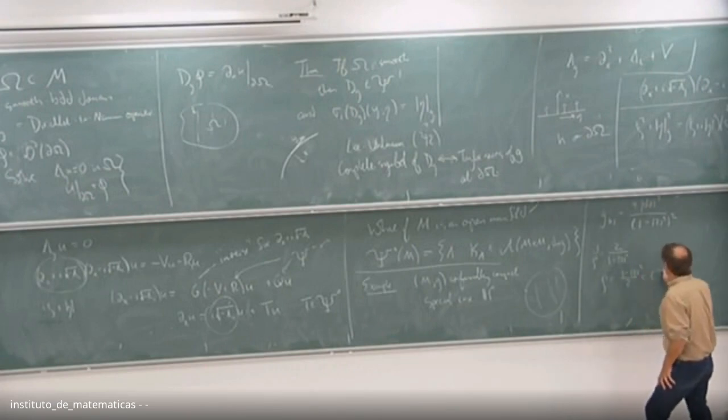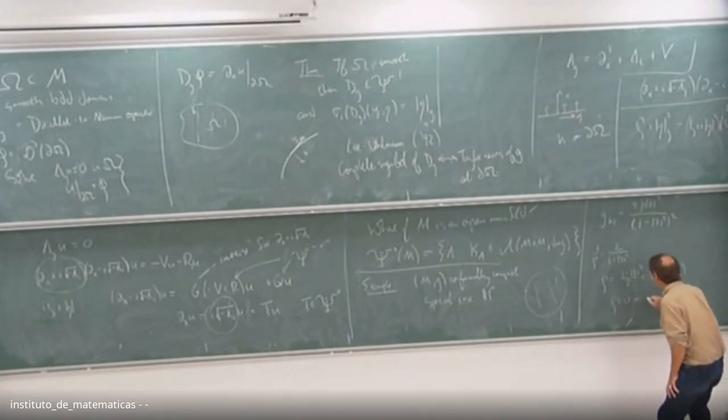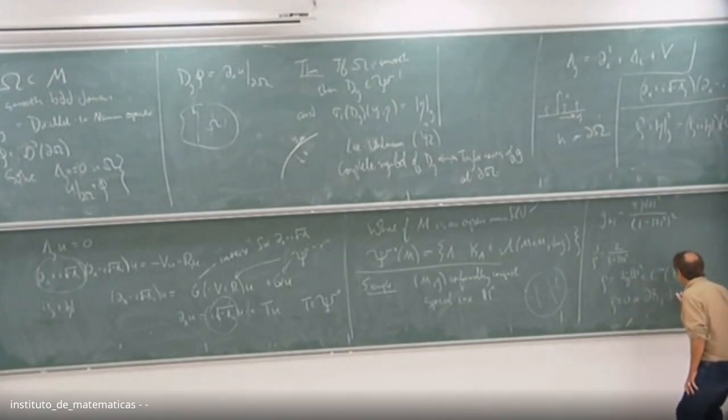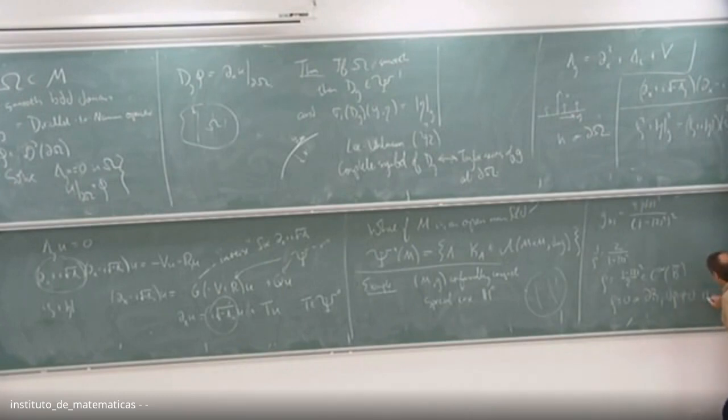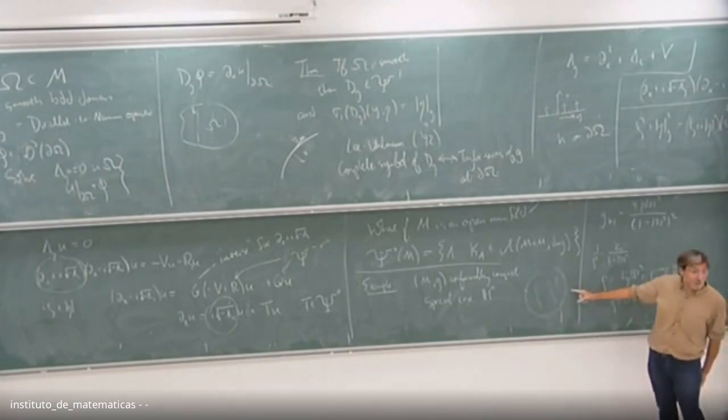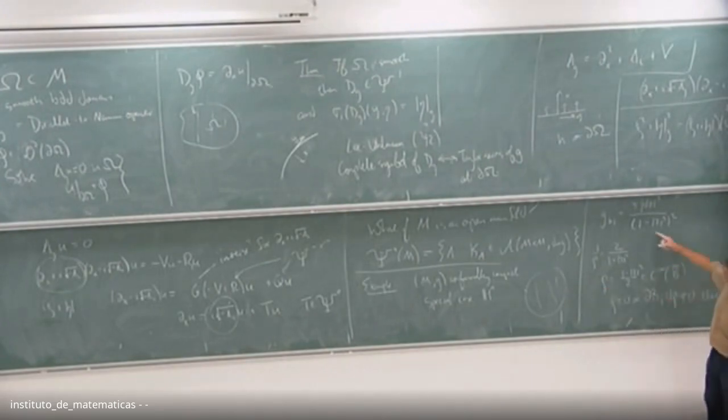This is C infinity of the closed ball, and rho equals 0 on the boundary of the ball, and d rho is not equal to 0. So this is a defining function which vanishes on the boundary of the ball, and the metric just looks like the Euclidean metric divided by rho squared.